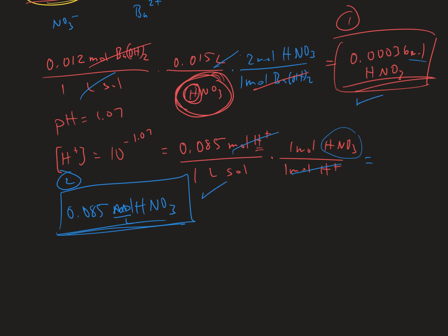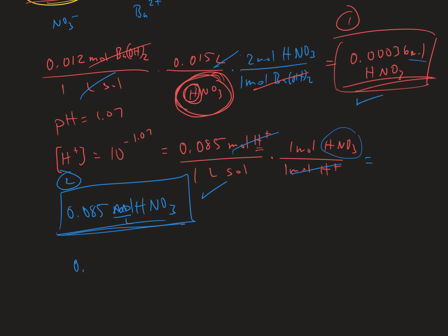Which one do you want to start with, 1 or 2? Start with 1, because it has the volume from the beginning. Yeah, that's the question: what's the volume? Then the moles and moles cancel.